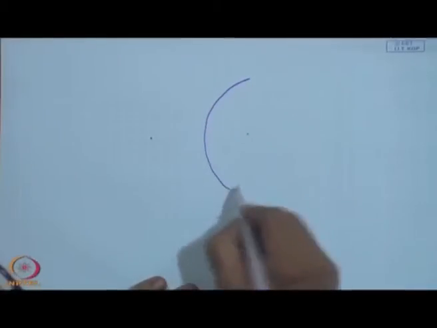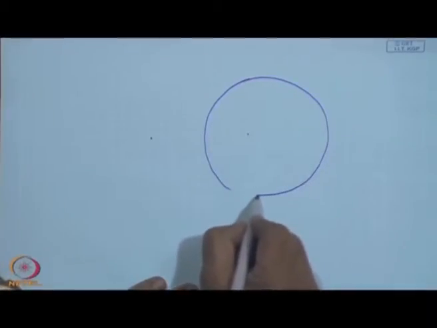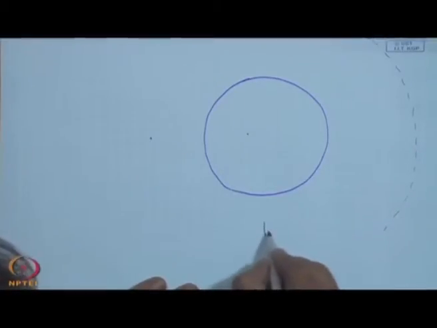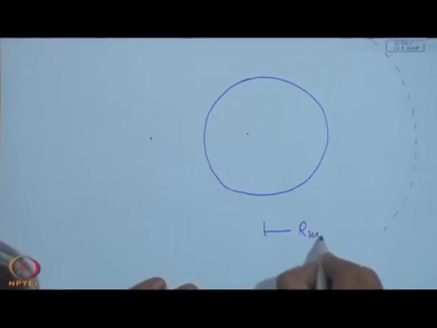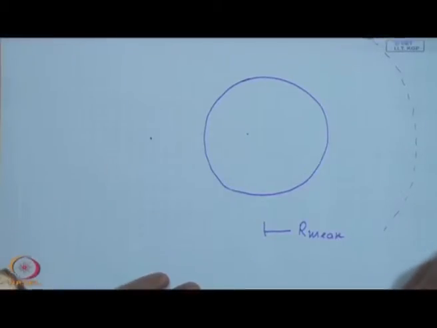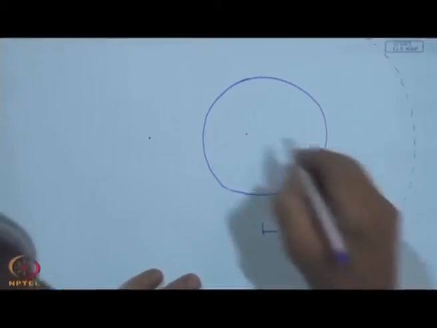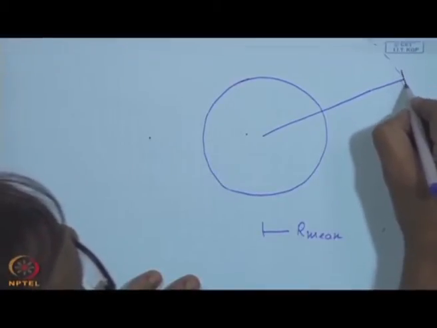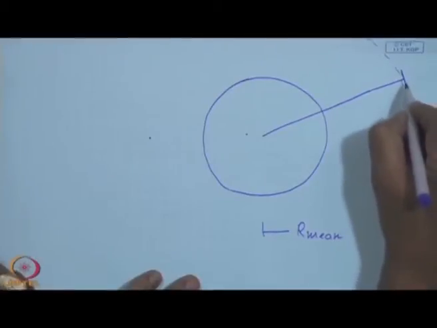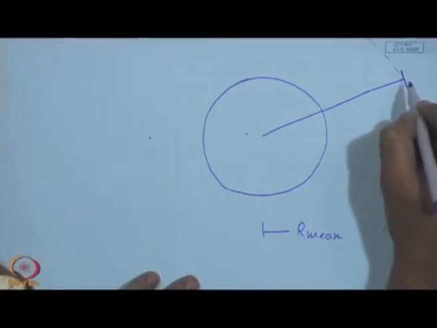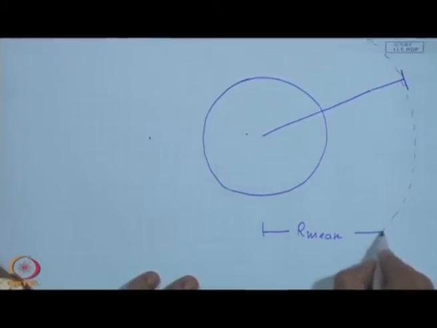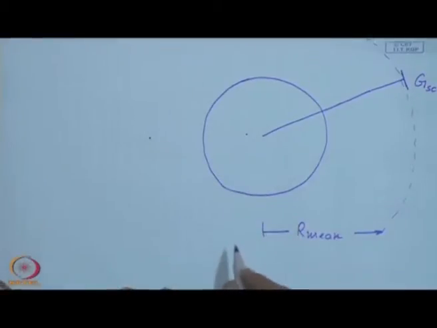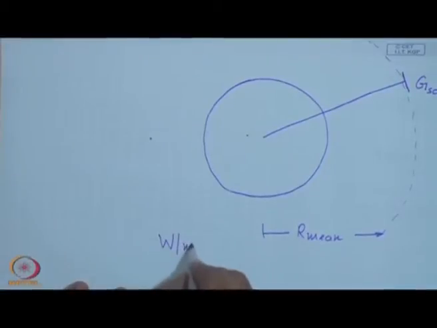If this is the sun surrounded by a sphere which is at mean distance between the earth and the sun, and you take any ray and you place a surface normal to the sun's ray, the amount of radiation received by the surface of unit area located at one sun to earth mean distance is the solar constant, which is GSC, that is in watts per meter square.